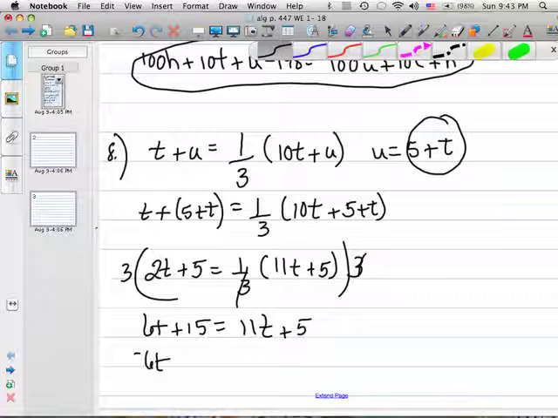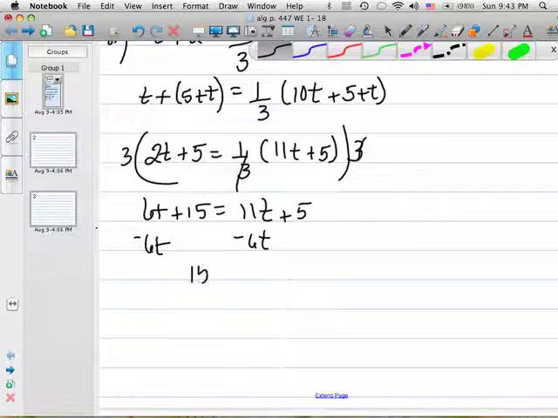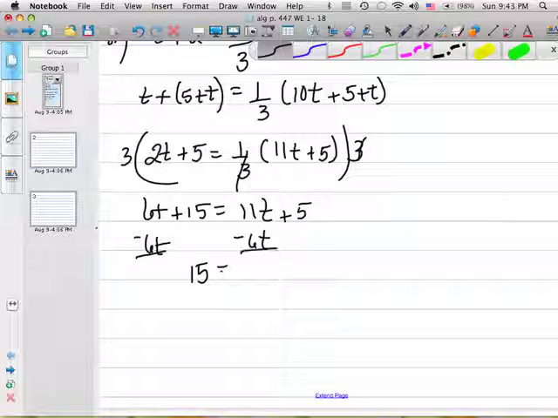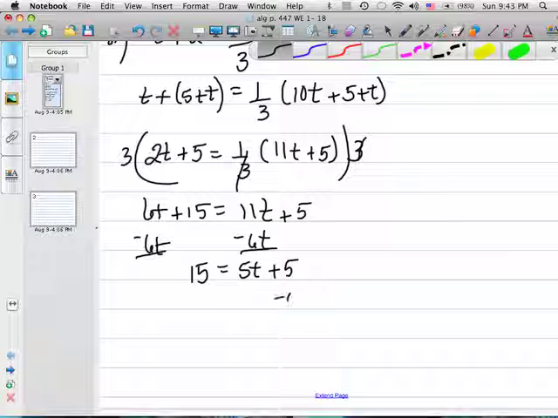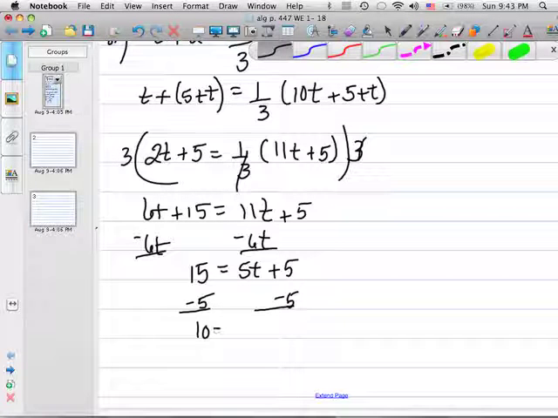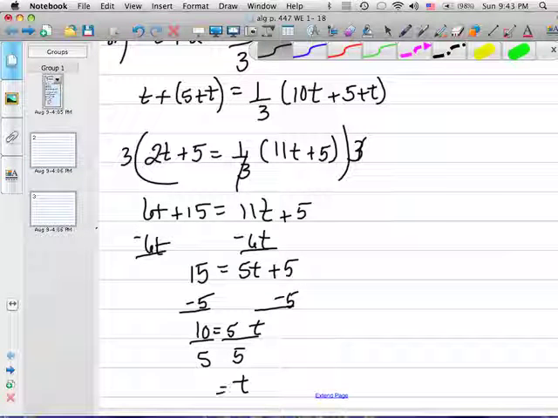Getting the T on one side, I'm going to subtract 6T from both sides. I get 15 equals 5T plus 5. Solving for T, subtract 5. I get 10 equals 5T. Divide by 5, and I find out that the tens digit of the number is 2.